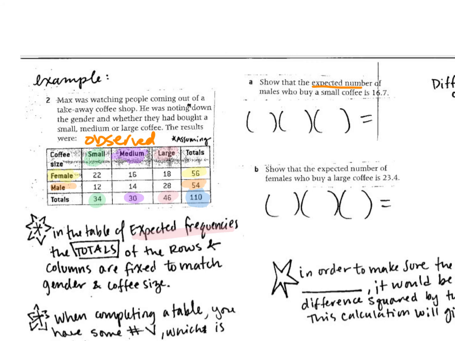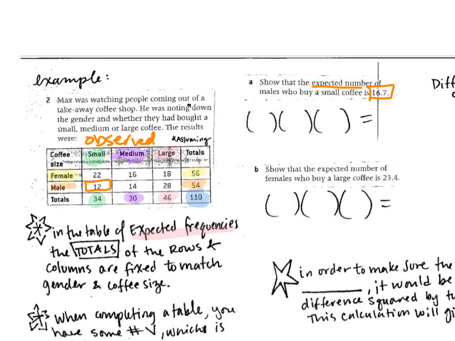They're proportional. So here's my little table. I want to show that the expected number for men, small coffee, is actually 16.7, so it's higher than the 12 I observed.